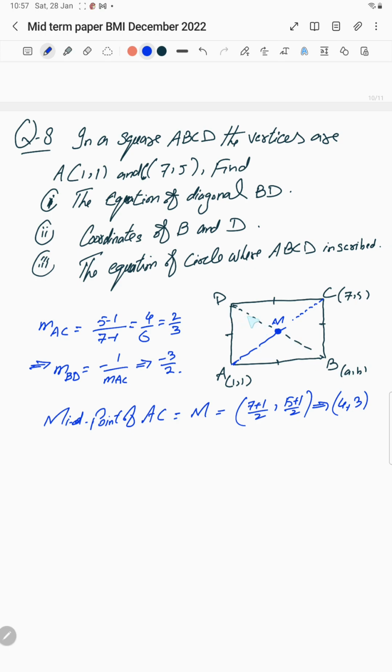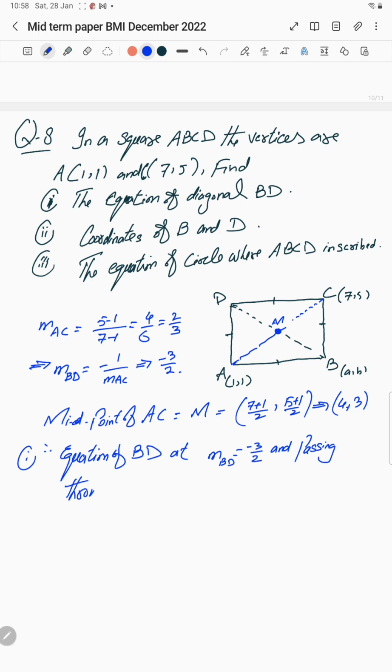Therefore, as M is lying on BD, the equation of BD, part 1: the gradient of BD is minus 3 by 2, passing through the point M (4, 3). Then we know that y equals mx plus c.